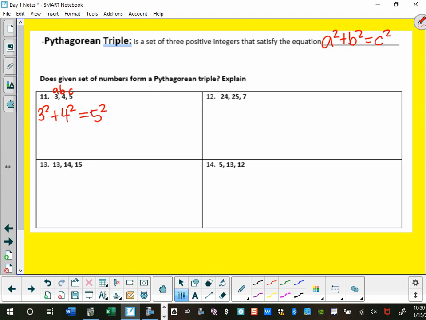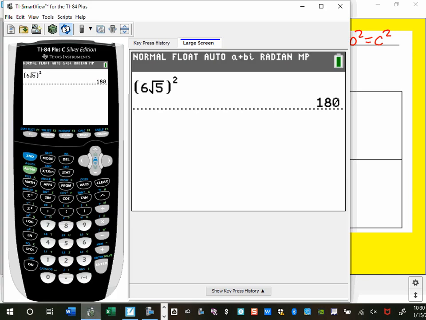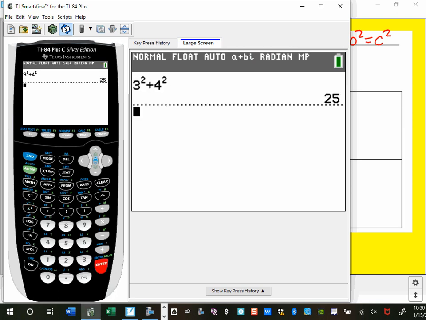I'm basically just plugging in those sides and I'm going to see if it works. In your calculator, let's type in 3 squared plus 4 squared. What do we get? 25.